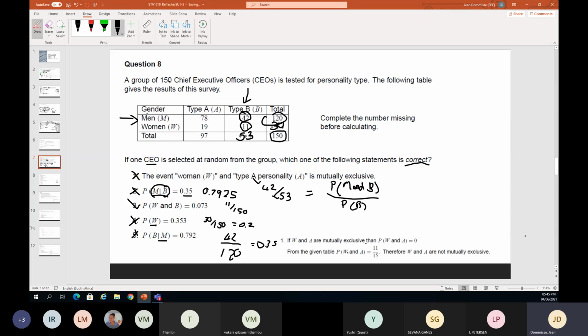So given that you are a man is 120. That's why we divide by 120. If it was only the probability of B, then we would have taken away the M and divided by 150. But because they're telling us basically what's the probability that you are type B when you are a man.